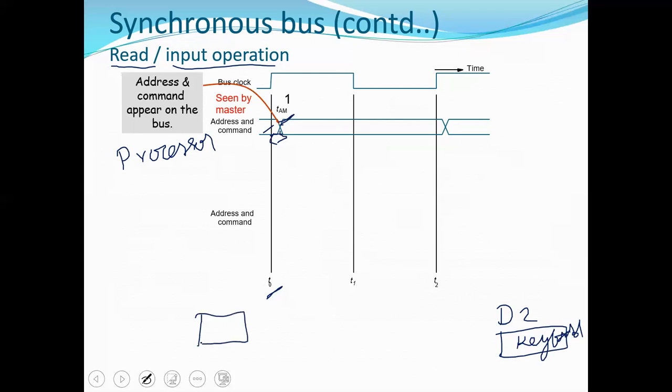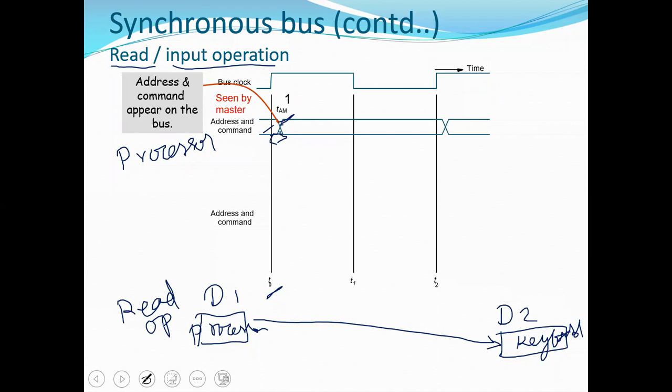So D1 is the processor, and the communication is taking place between the processor and the keyboard. Fine. Master is the processor. So the processor is undergoing the read operation.